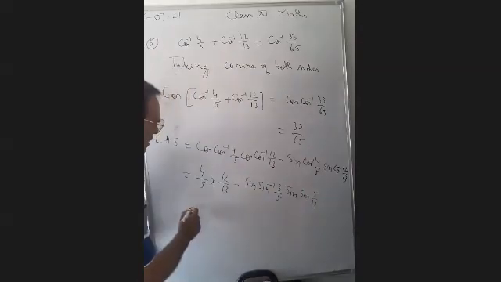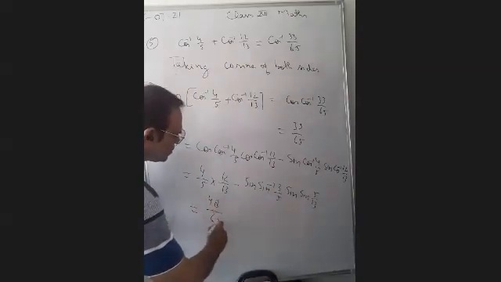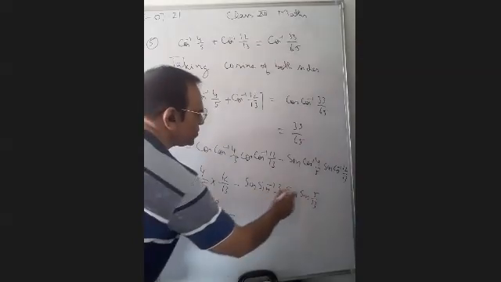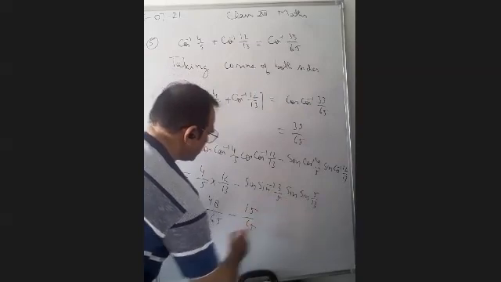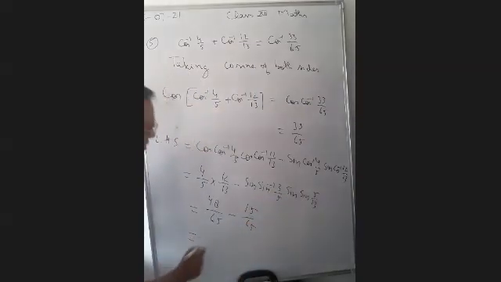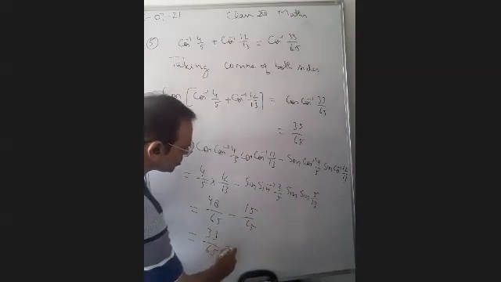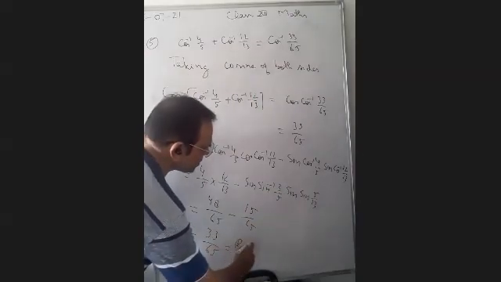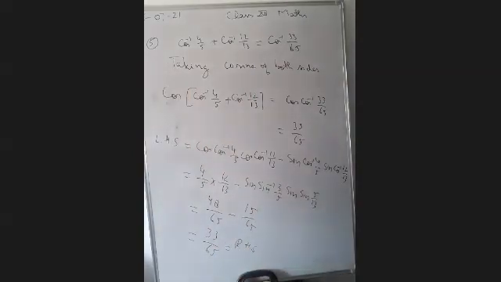Now you will get 48 upon 65 minus 15 upon 65, that is 33 upon 65, which is equal to the right answer. So here we have not converted into the right hand tan inverse. Without converting tan inverse, we got the answer.